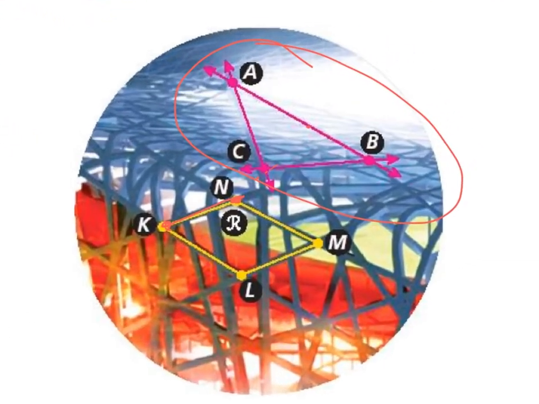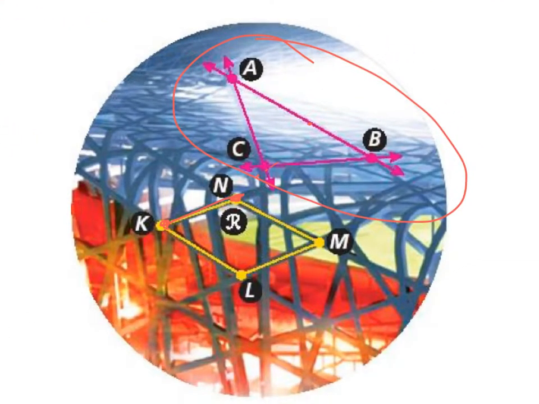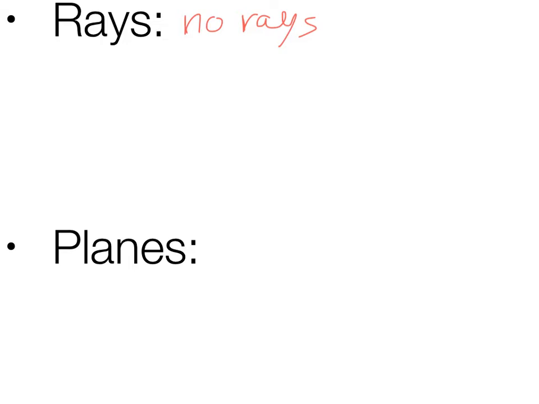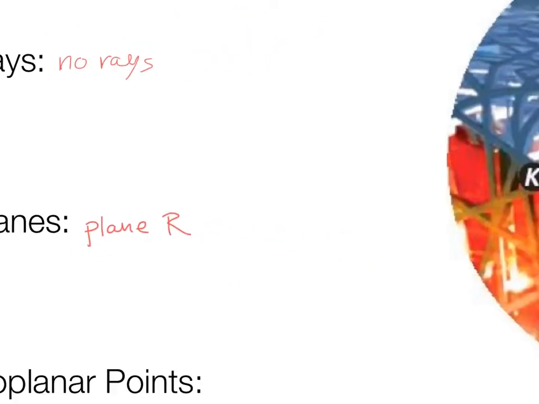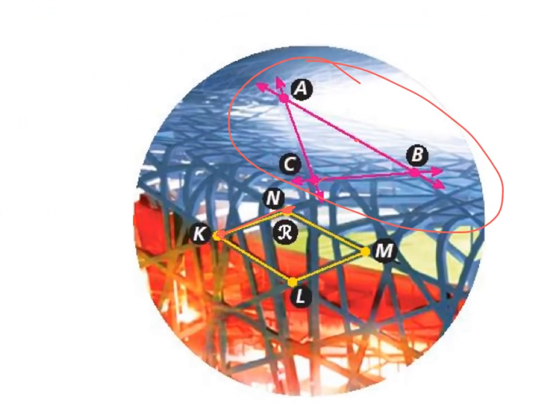What about planes? Yes, R. We have plane, which is called plane R. What can we also call plane R? This can also be plane KNML, right? Because it's more than 3 points that are in the plane.